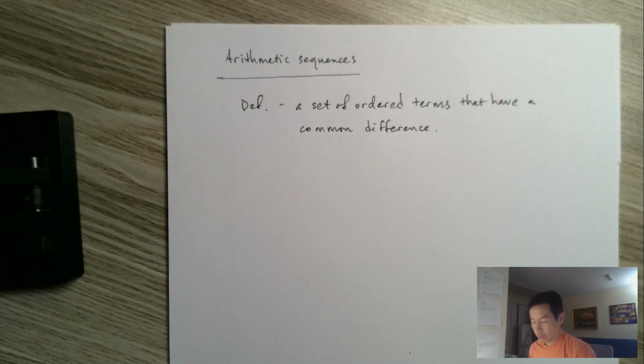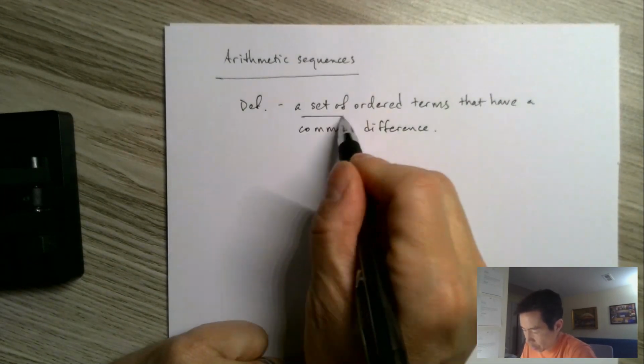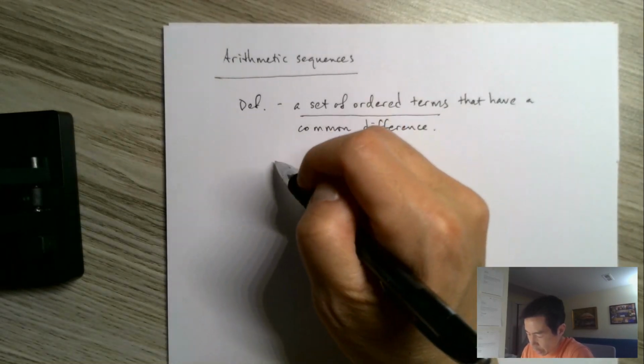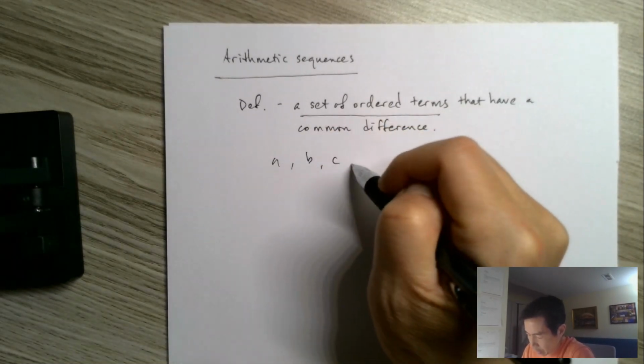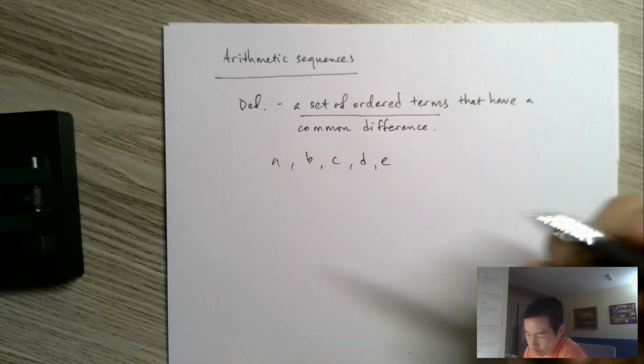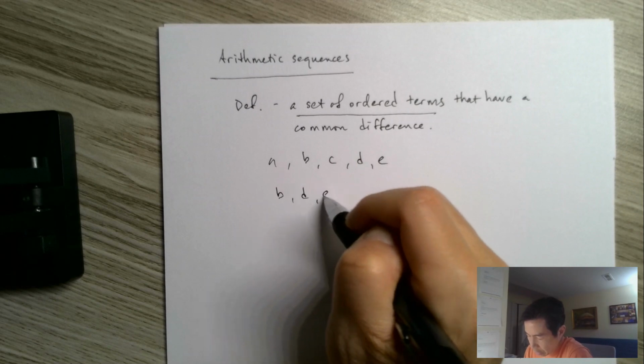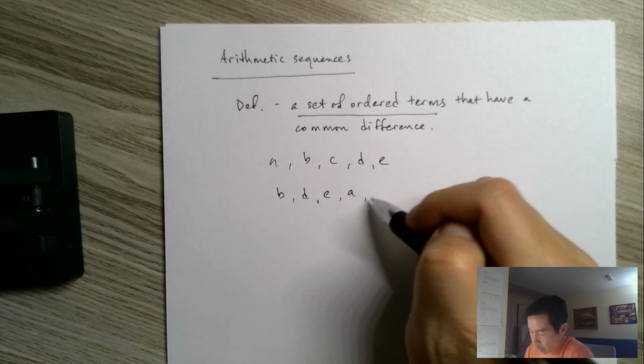Okay, so what do I mean by a set of ordered terms? You can have a set of elements, of course, that don't have to be in any particular order. So I'll just say like A, B, C, D, E. But you could reorder that set: B, D, E, A, C. It's the same set.